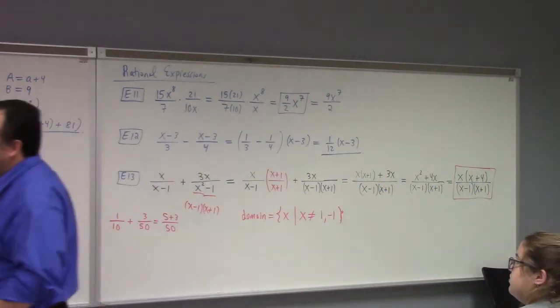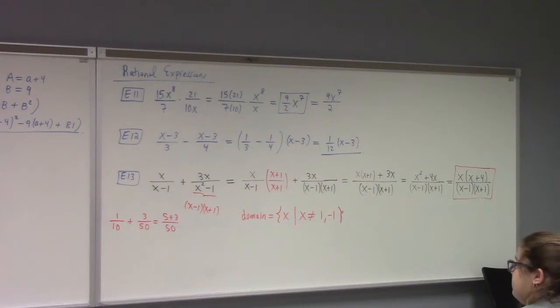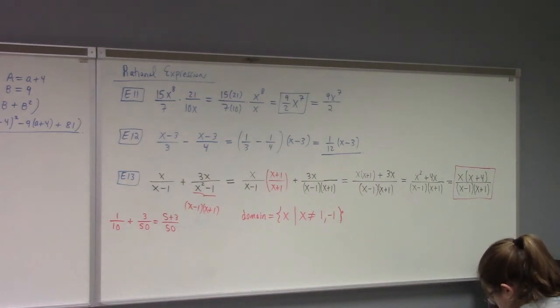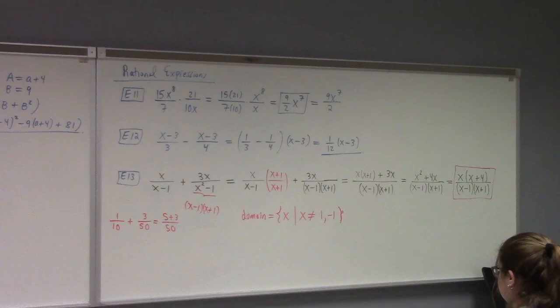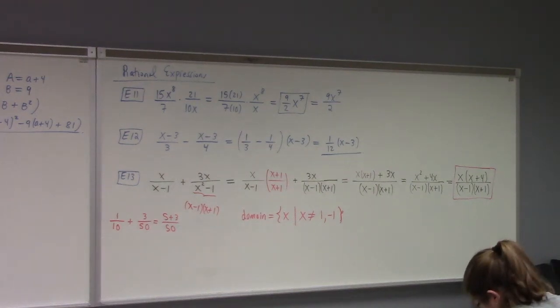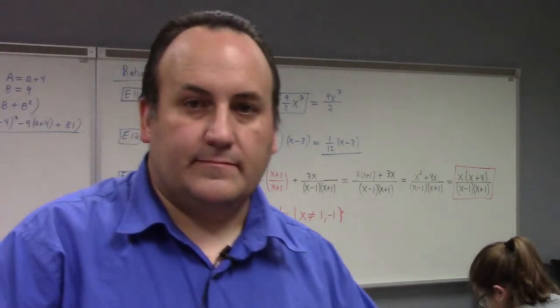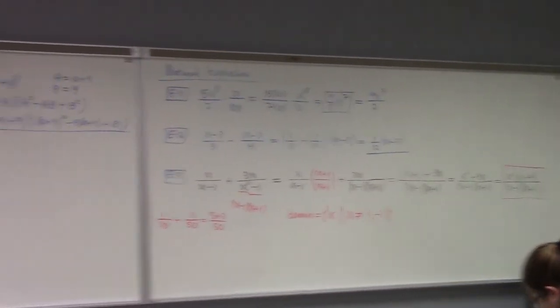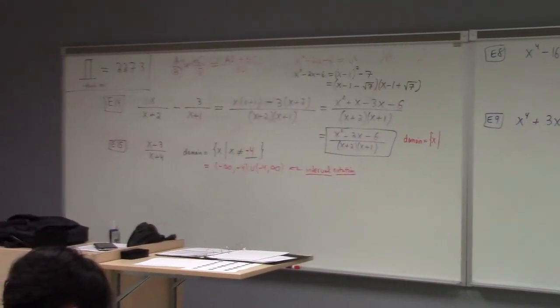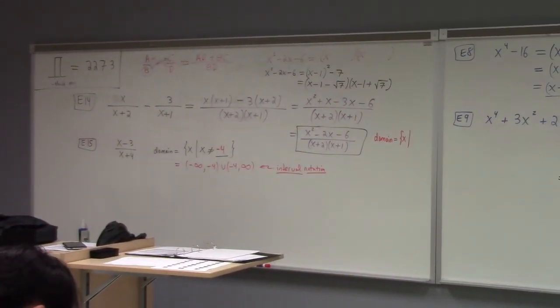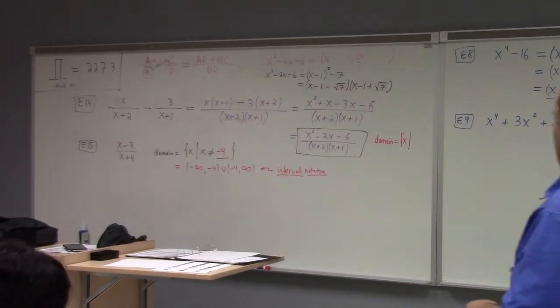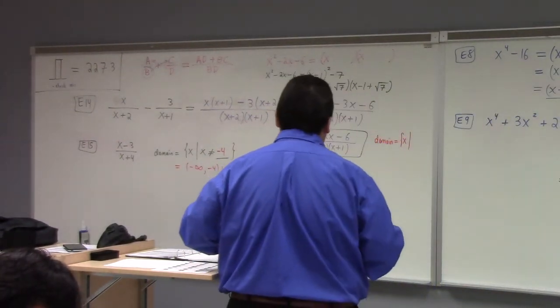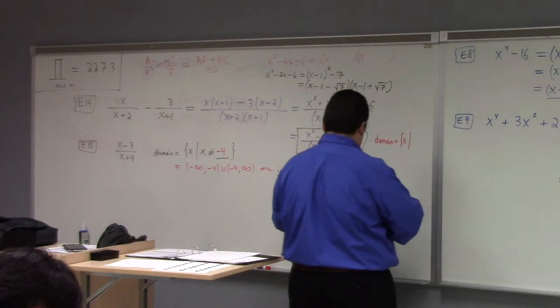How about this one? What's the domain in example 14? x not equal to what? What must we rule out in that example? I heard 2, and so we got votes for 2 and negative 1, or what is it?